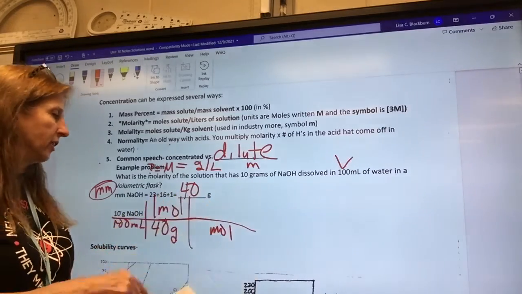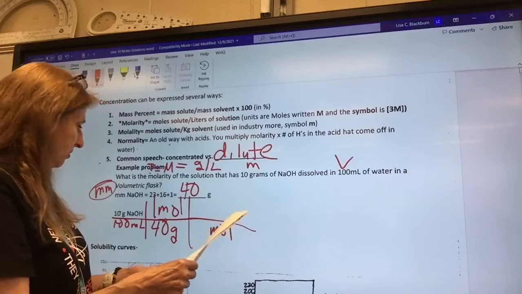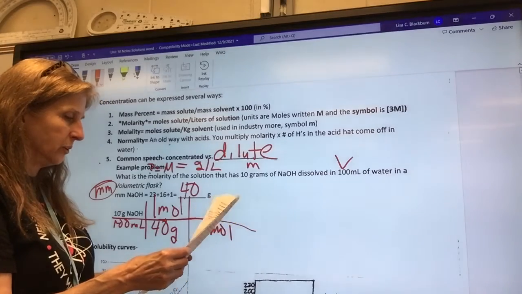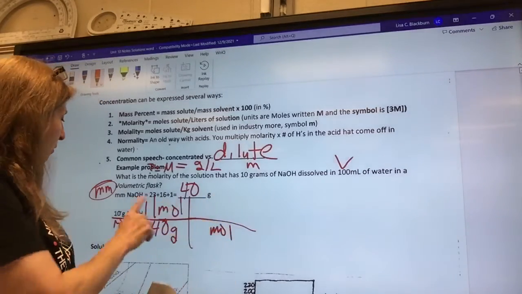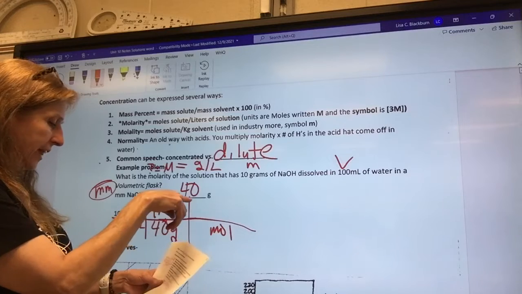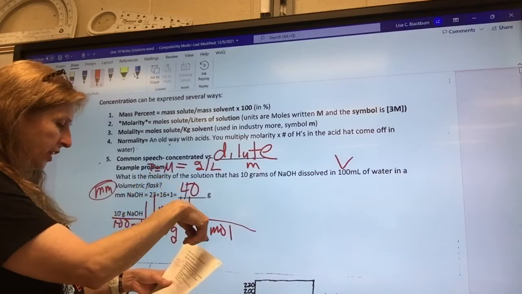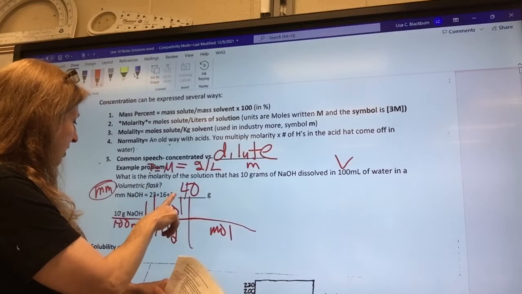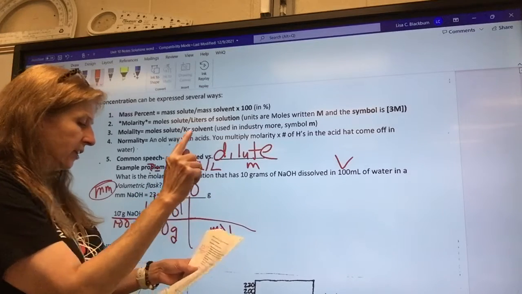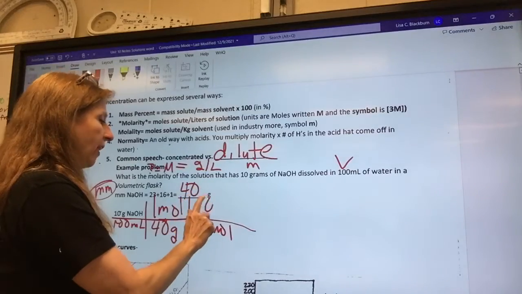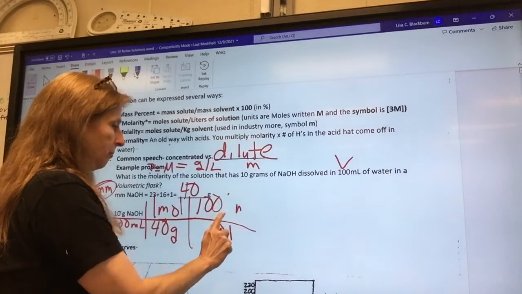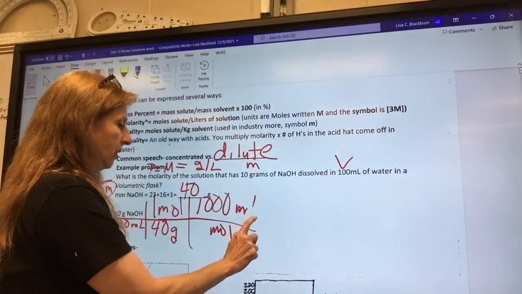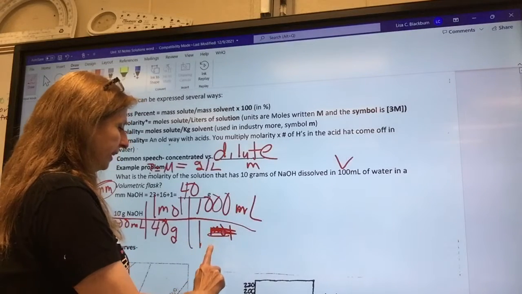So what I'm going to do is make sure, hold on. Oh, I've already got grams. I'm good with that. I've got moles. I need moles here, but I want to keep moles on top. I want milliliters to go away. So there are 1,000 milliliters, and I want this to be 1 liter.